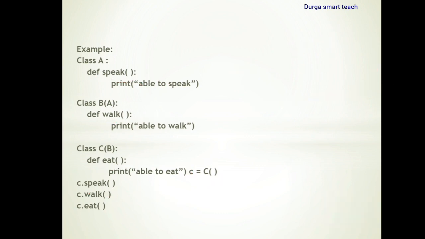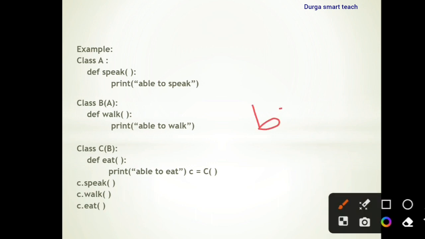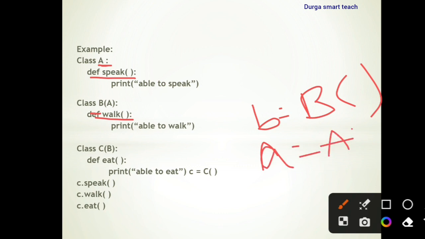Suppose you create an object for the B class: you can access only the walk function and the speak function, because B is a subclass of the A superclass. Next, if you create an object for the A class, you can access only the speak function. Is it clear?